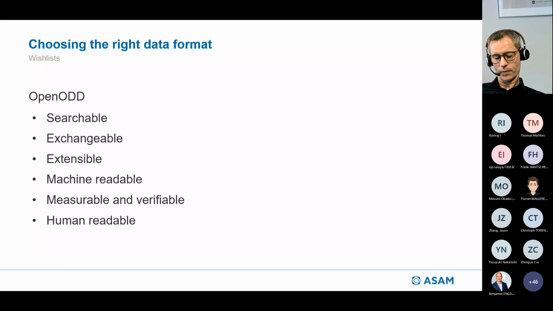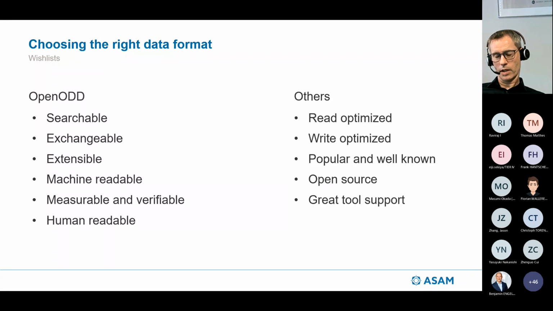These are great requirements for a data format, and I want to add some others which are required in some other standards. For example, read optimized, write optimized. They should be popular and well known, open source, and should have great tool support.